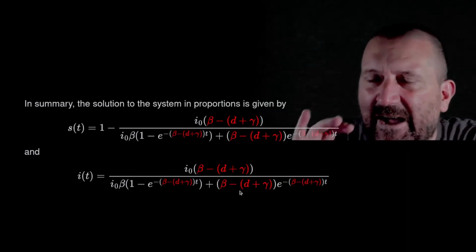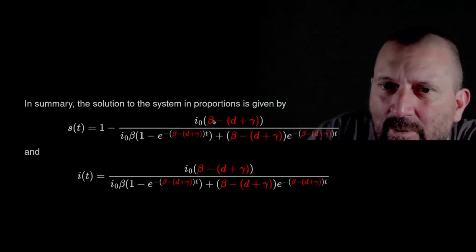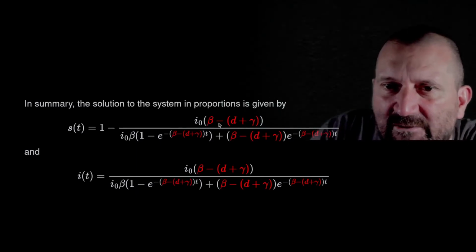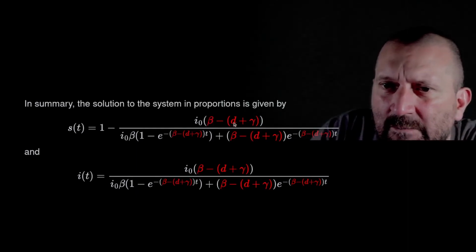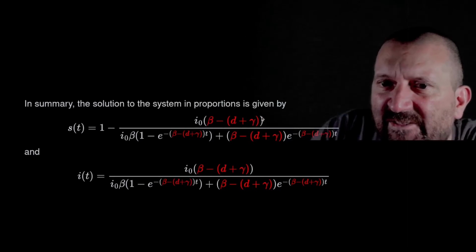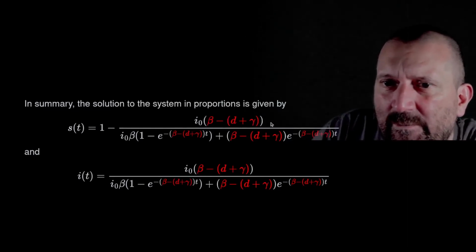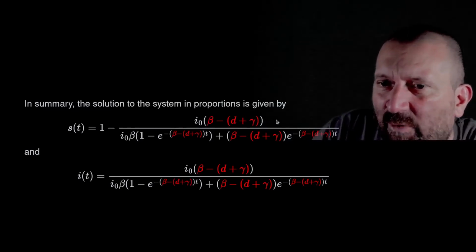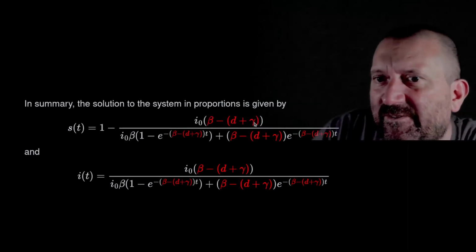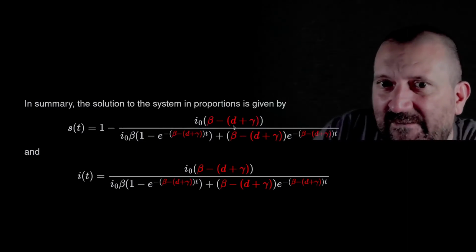And here I've highlighted in red this term beta minus d plus gamma, because you can see that it's coming here. So the sign of this term is going to determine whether this numerator is positive or negative. If beta minus d plus gamma is positive, this numerator is positive. Otherwise, it's negative.